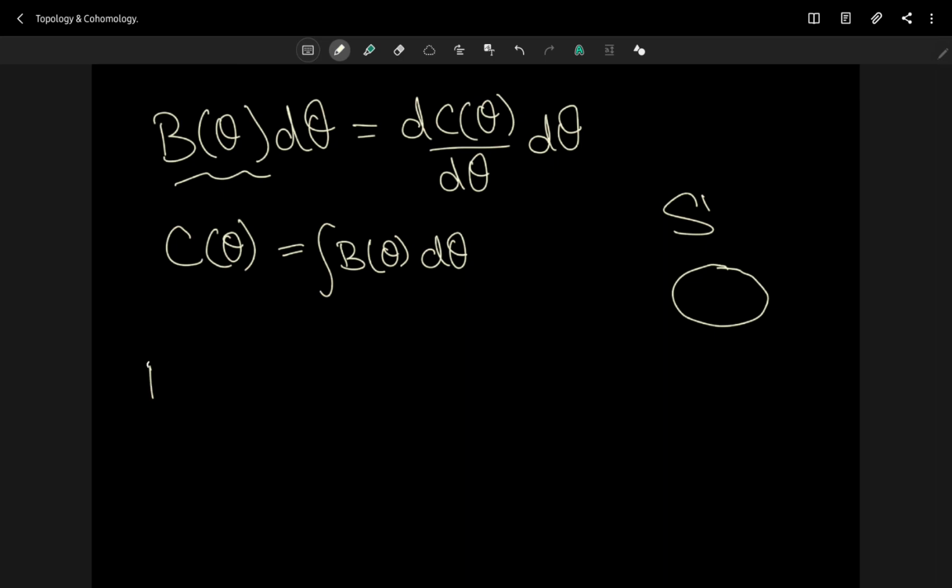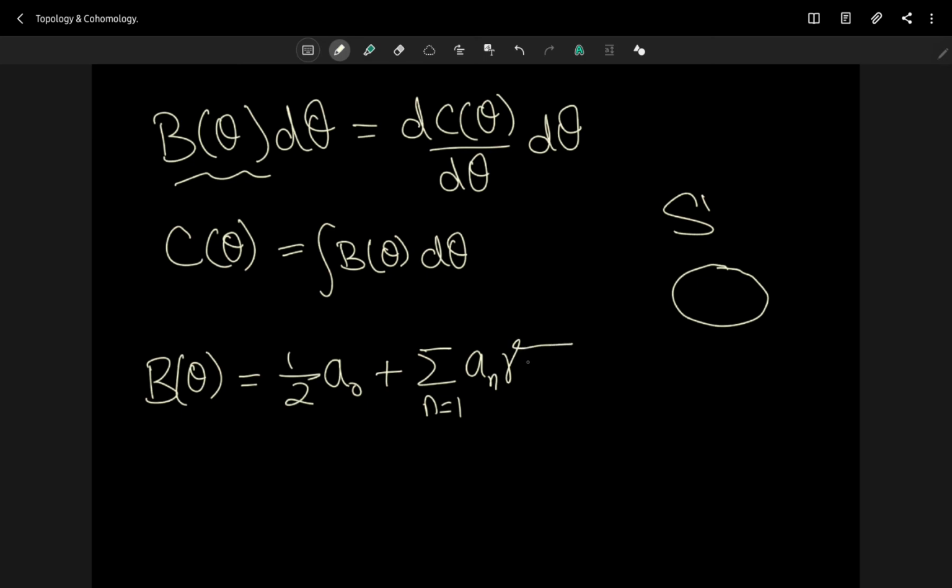Then b of theta is equal to 1/2 a naught, plus the sum from n equals 1 of an cosine of n theta plus bn sine of n theta.